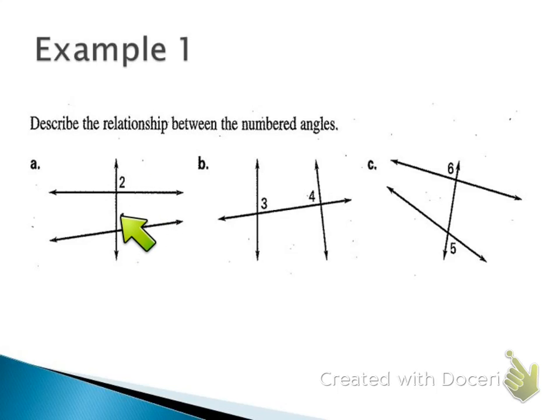So those would be, if they were both on the inside, it'd be same side interior. If they were both on the outside, it'd be same side exterior. But the one's on the inside, the two's on the outside, they're kind of like in corresponding positions. So which one is that?